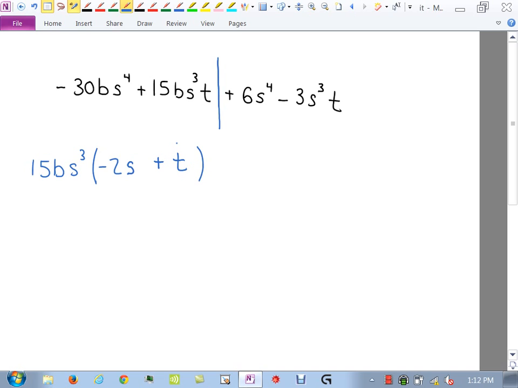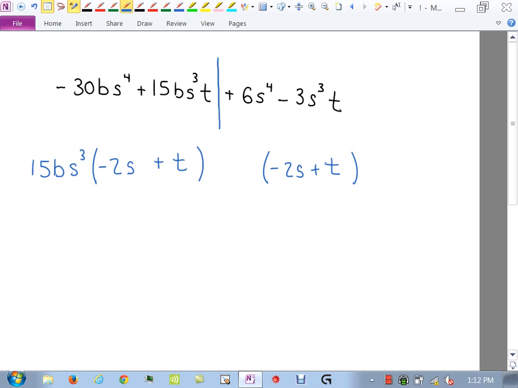Now let's do the other two. We have to try and figure out how to match this. -2s plus T, right? What will I have to factor out there? Or what will I have to put in front here to make this happen? So be careful. We're trying to turn -2s into +6.